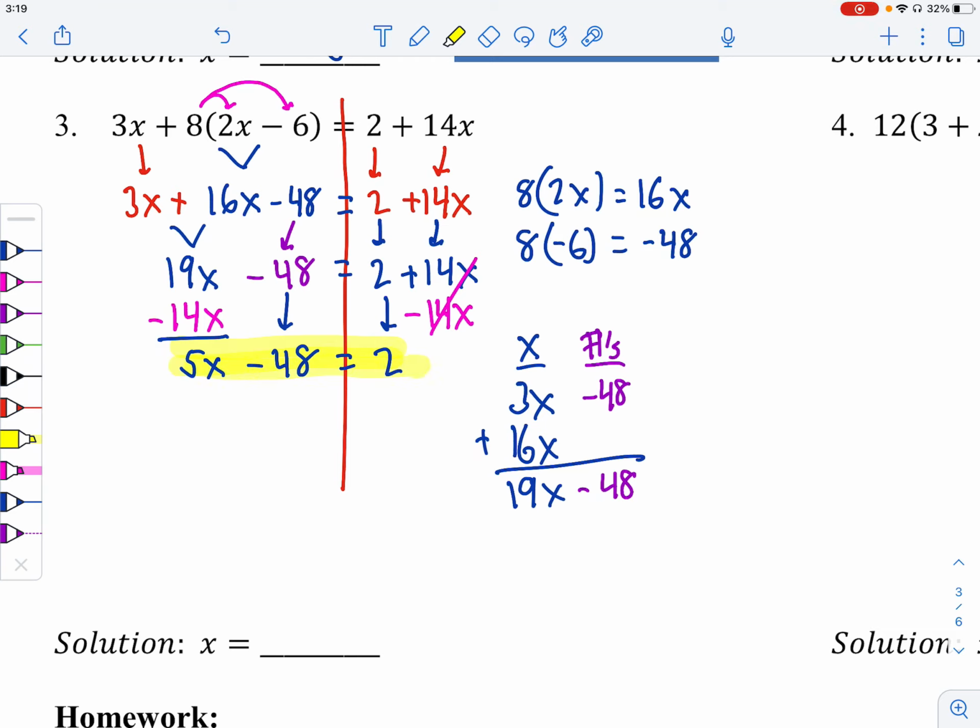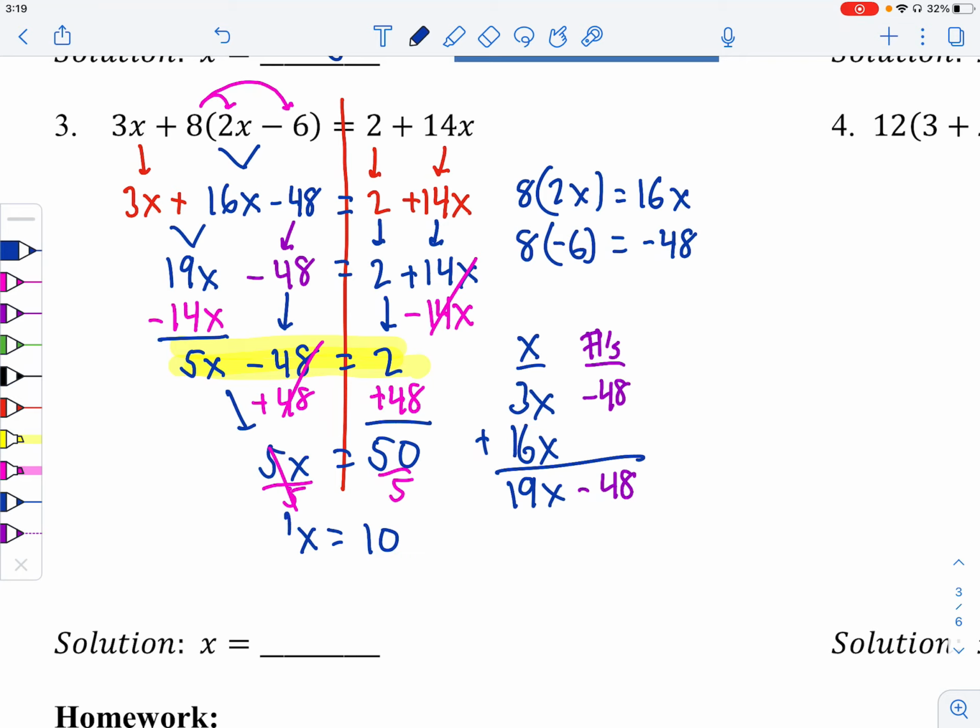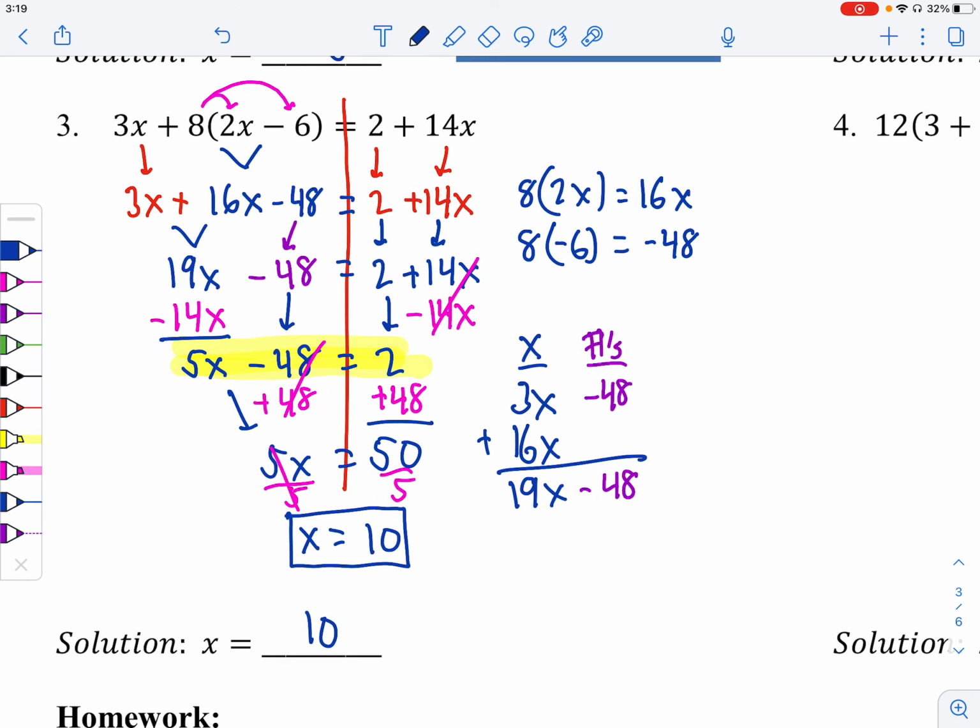So first get rid of your negative 48 friends, right? Add 48. Bring down 5x. 2 plus 48 is 50. Then we detach from that 5. We have to divide by 5. So x equals 50 divided by 5, 10. So x equals 10 is our solution.